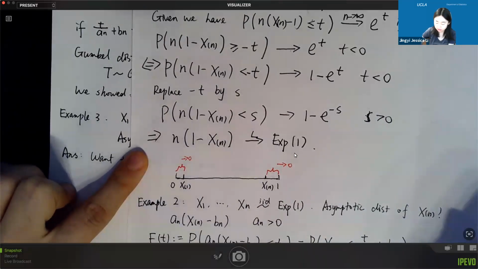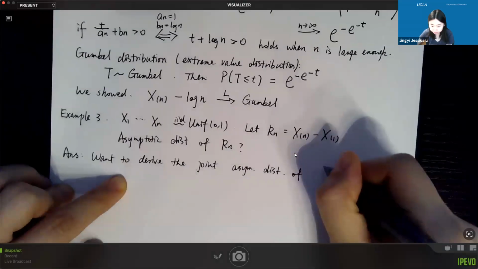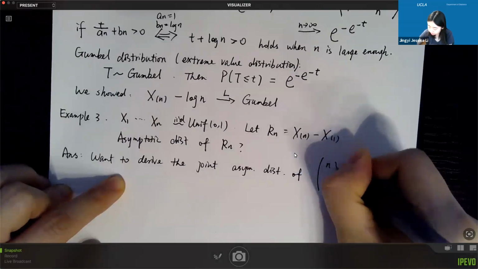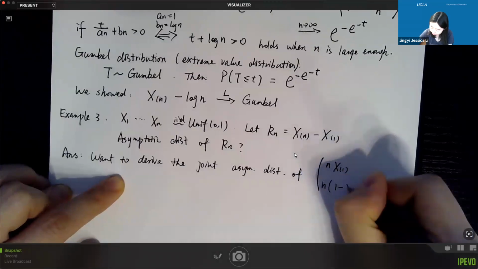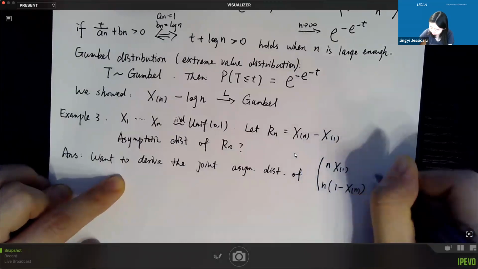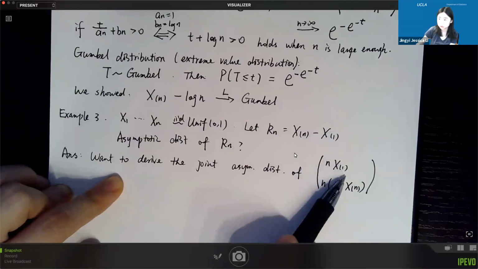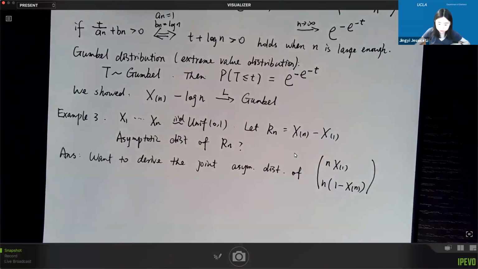So based on this example 1, we're actually interested in this distribution: n times the minimum and n times 1 minus the maximum. Because we know marginally, each of them is converging to exponential 1. So now, how about their joint distribution?